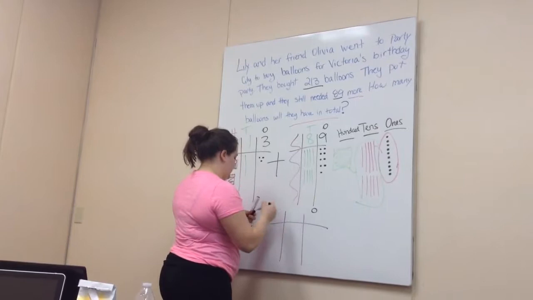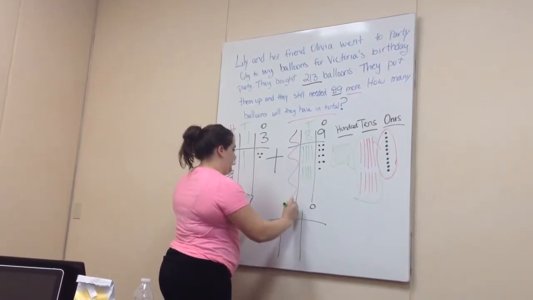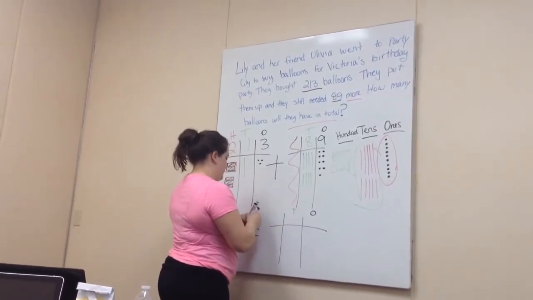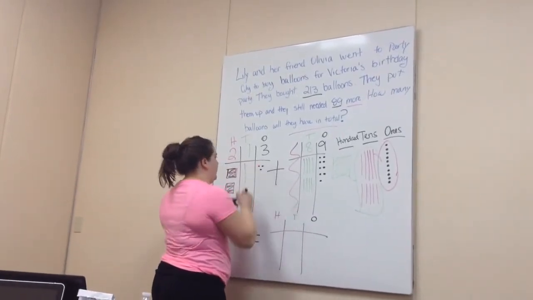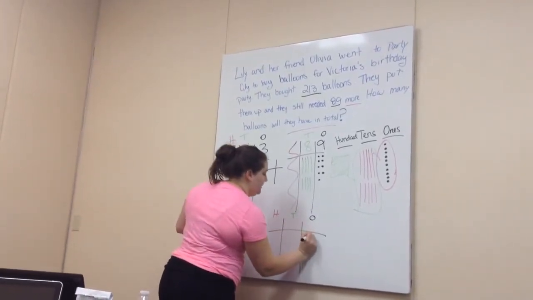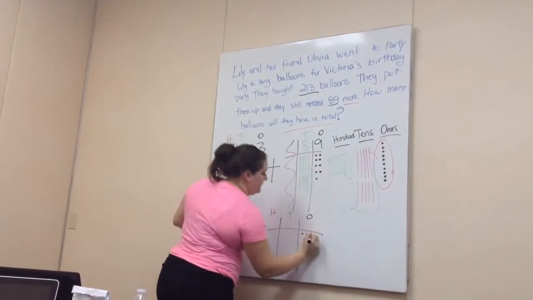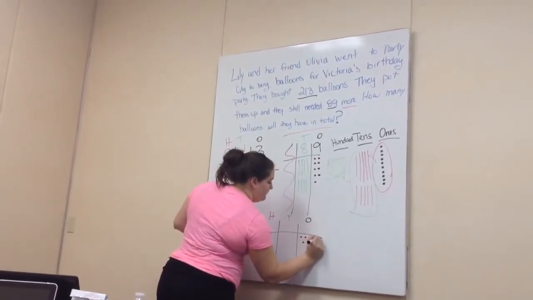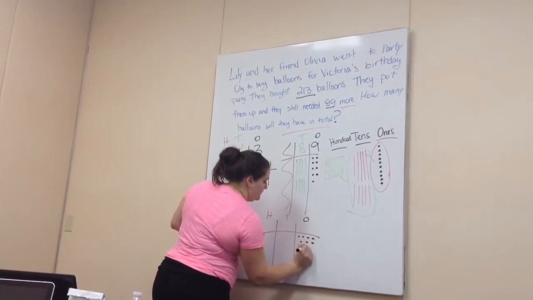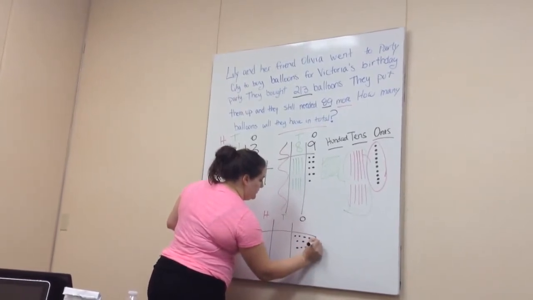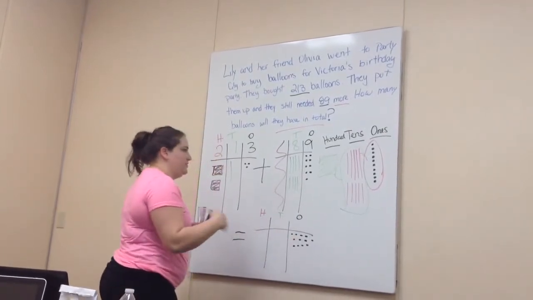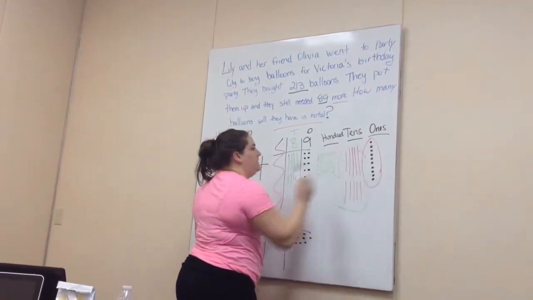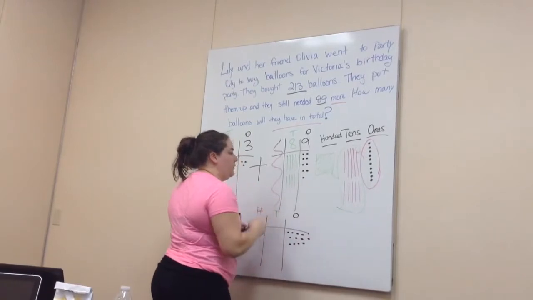So we're going to have ones, tens, and hundreds. So what we have in the ones, we have 3. So we're going to draw 3. And we're going to draw 9. Now, because we have more than 10 in the ones, we have to regroup. Because then back here in this, we use 10, so that would make 12.